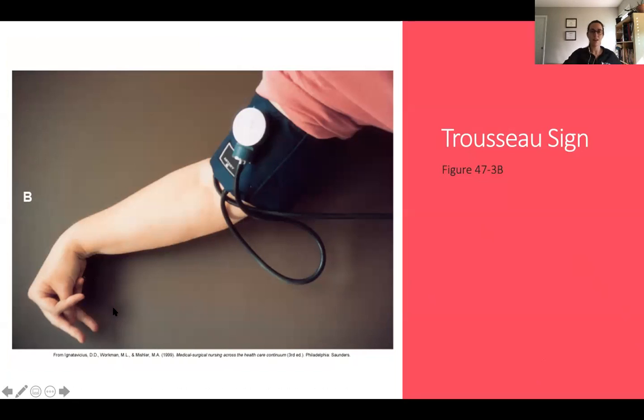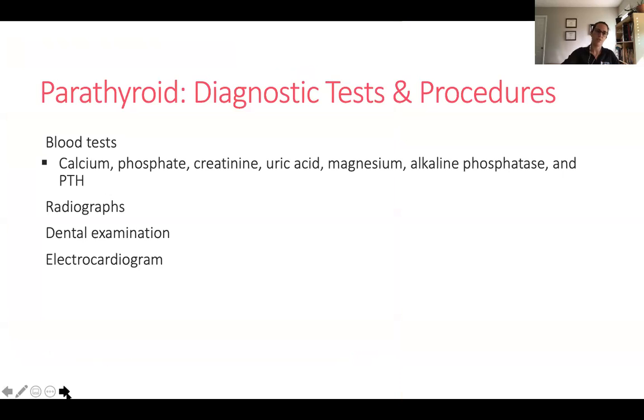So if anybody has a handy way to remember the difference between those two, I don't have a good mnemonic for remembering that. But Trousseau is the blood pressure cuff one and Chvostek is the facial nerve one. I guess you can think Chvostek cheek maybe to help you remember.